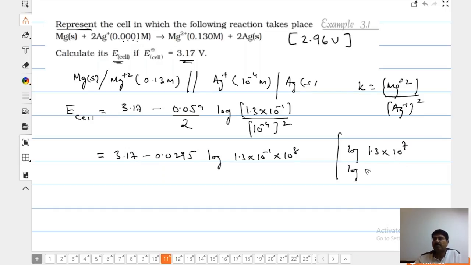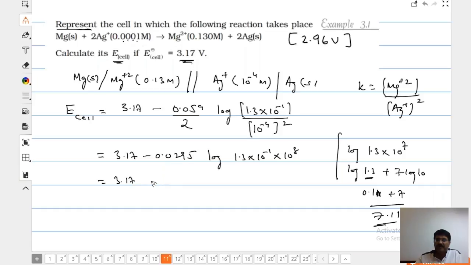That is log of 1.3 plus 7 log 10. I hope nobody is in doubt. Log 1.3 will be roughly, now you know it, around 0.10. Got it? 0.10 or 0.11 plus 7. Good. So that will be 7.11.